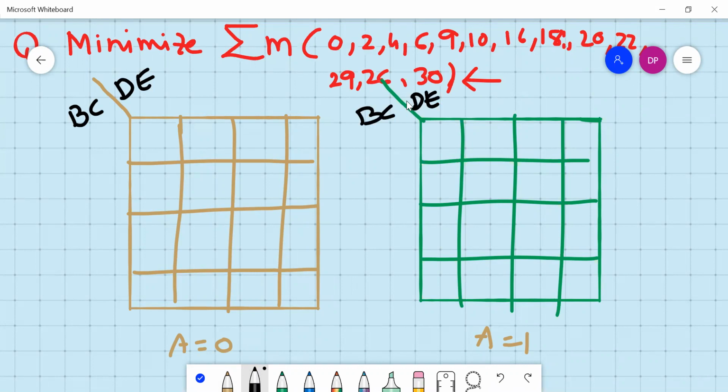Now what min terms are given? Let's have a look.